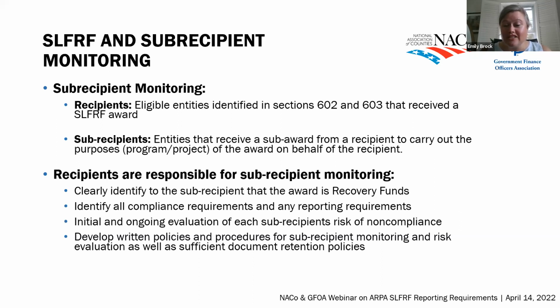So once that subrecipient relationship has been established, it's especially important that that subrecipient monitoring then becomes written down. A good thing that you might want to do is just go ahead and say, okay, I've established these 4 subrecipients. Here's how I'm going to be monitoring their spending.